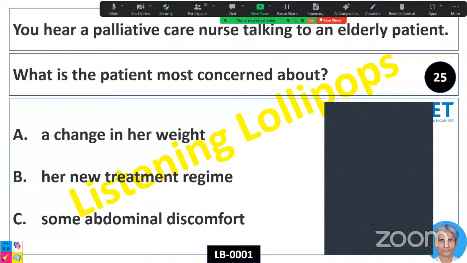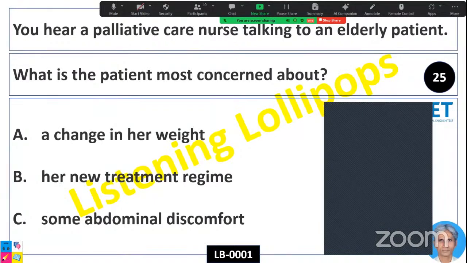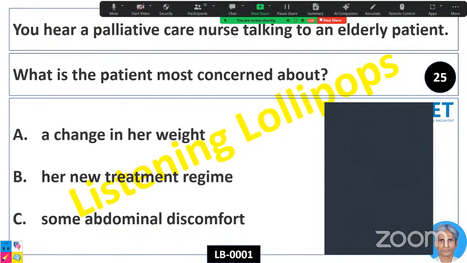Problem, issue, difficulty. Hazards, hurdles, obstacles, problems, issues.